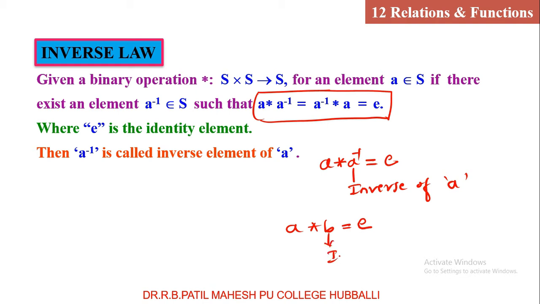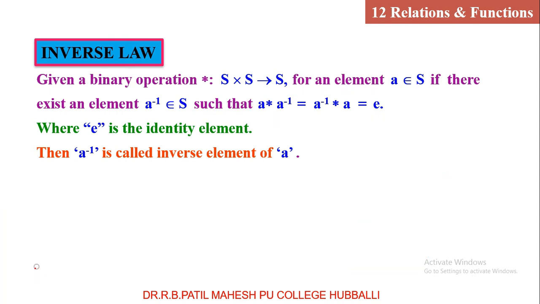Inverse of A. Usually we denote the inverse of A as A to the power minus 1, but read it as inverse of A. Then you all are thinking identity element is compulsory for inverse element. Yes, your thinking is correct. Without the identity element, we can't find the inverse element of A given by the operation.